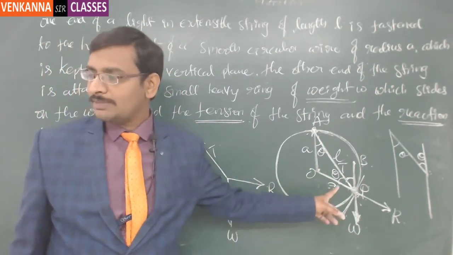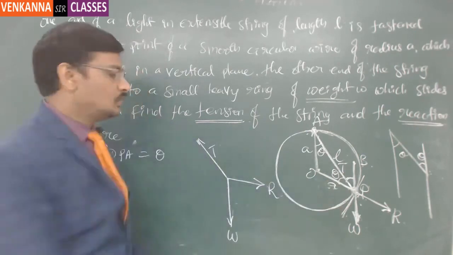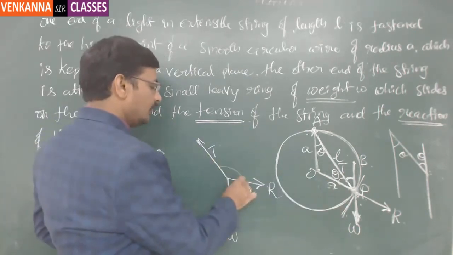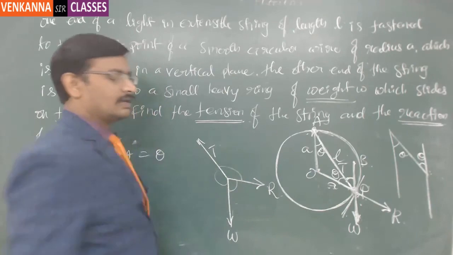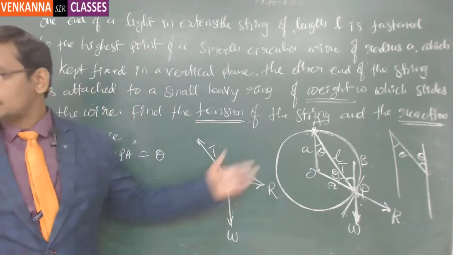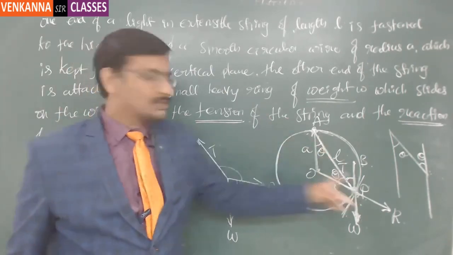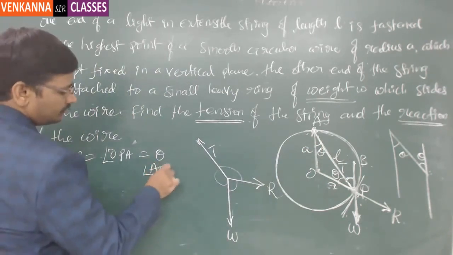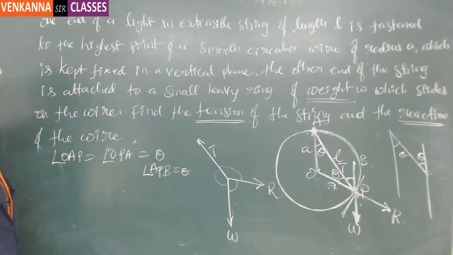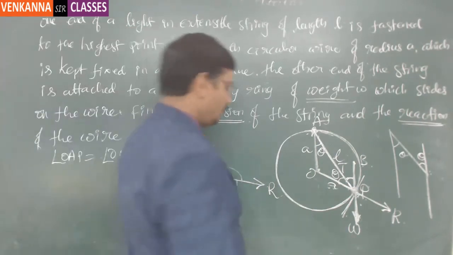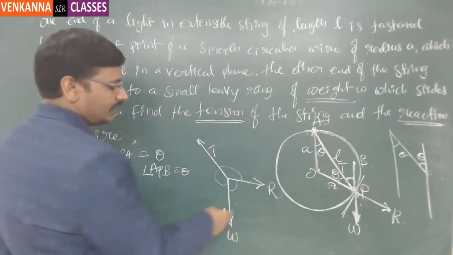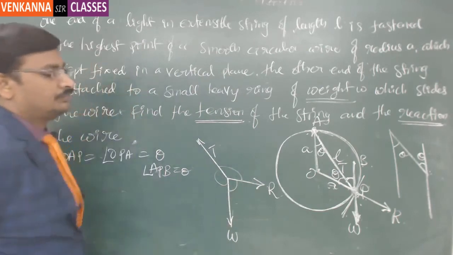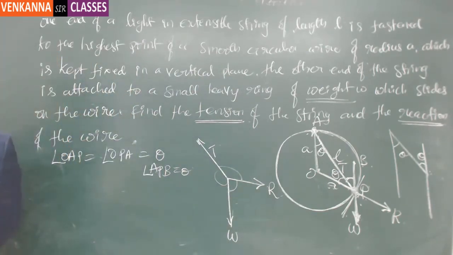Now to apply Lami's theorem, what you need to know is you need to find out this angle, this angle, and this angle. So for that, let us start with theta. Then obviously angle APB is also theta. Now actually we can apply Lami's theorem. First you find out these angles. What is the angle between R and W in terms of theta?